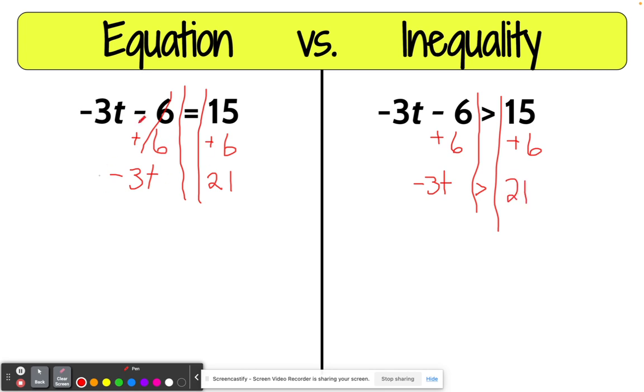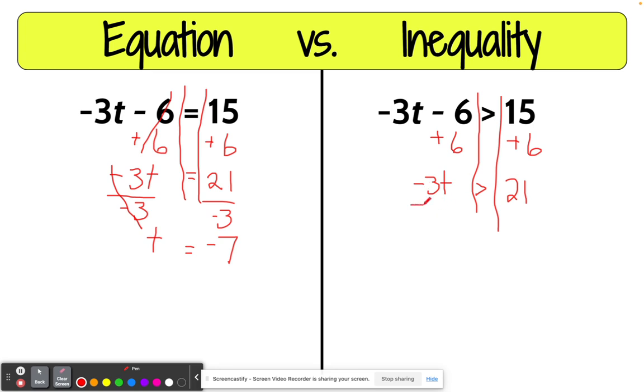So my next step would be to send home my besties, in which case I'm going to divide both sides by negative 3. This will cancel out, and I will have t equal to negative 7. So if I put negative 7 in for t, this will be a true statement.